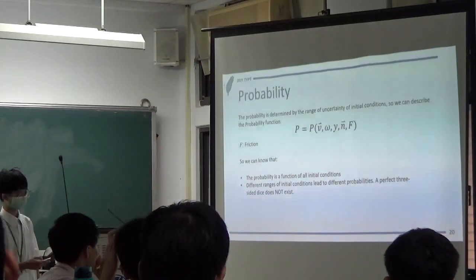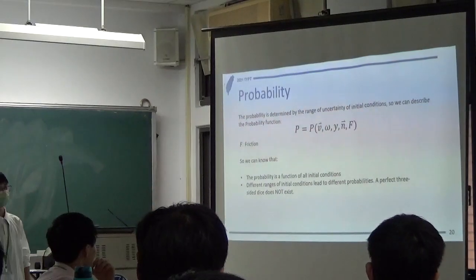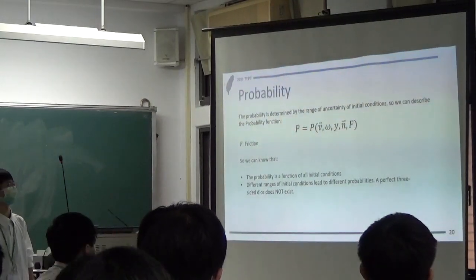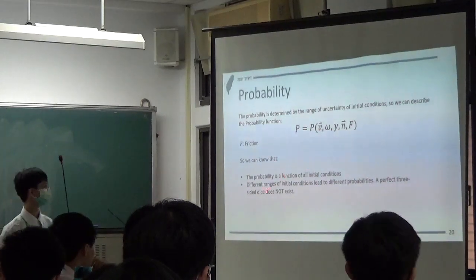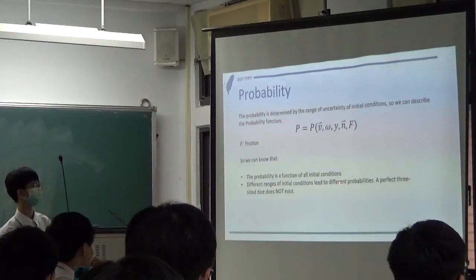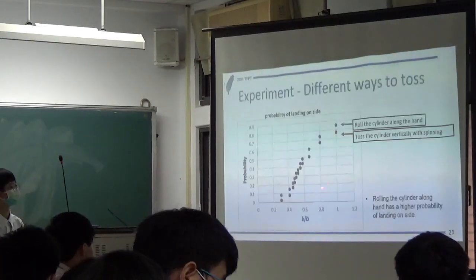So we will just discuss some qualitative analysis. And according to this function, we know different ranges of initial conditions lead to different possibilities of a perfect dice that does not exist.